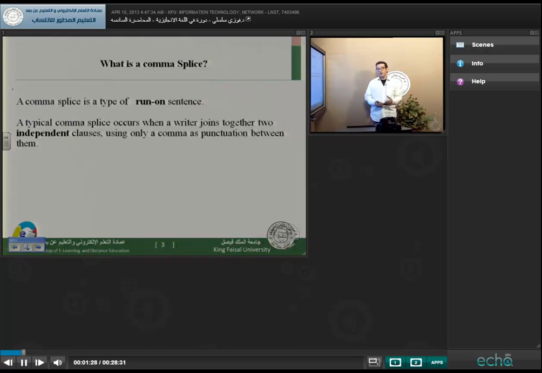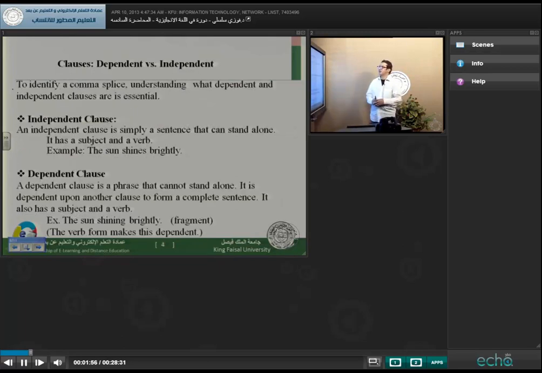So basically we have two independent clauses. Does it sound strange? Have you heard what an independent clause is? Well, we'll explain it in a minute. So you have two independent clauses and we join them together with a comma, and in doing that, that's a mistake. So let's explain this a little further.